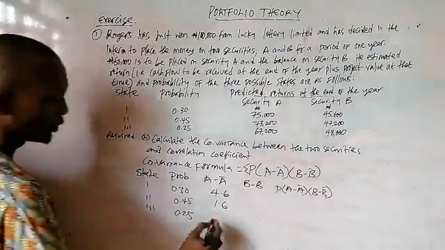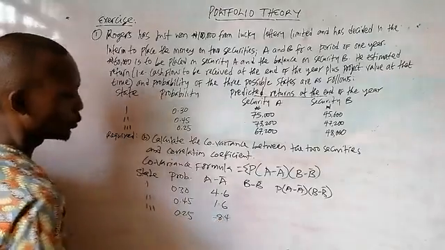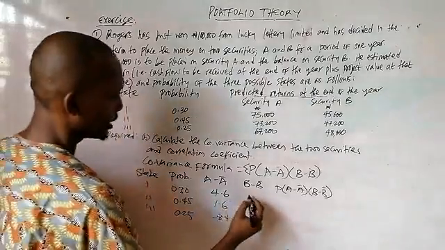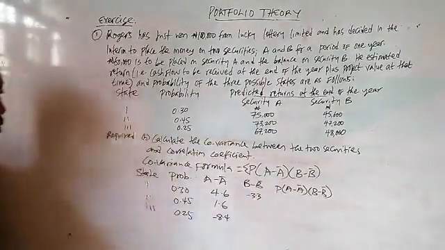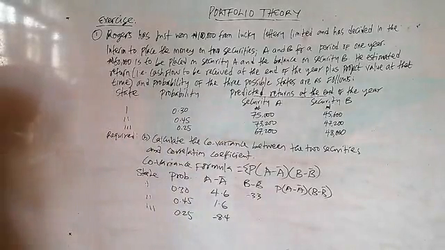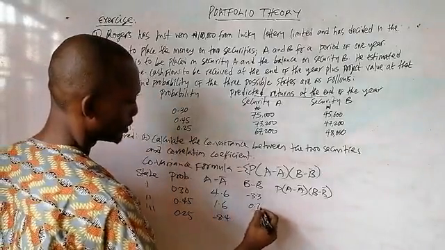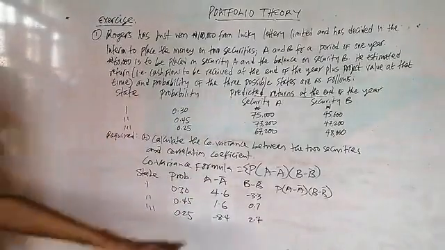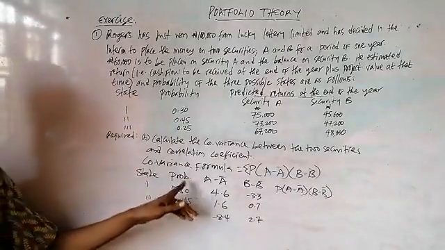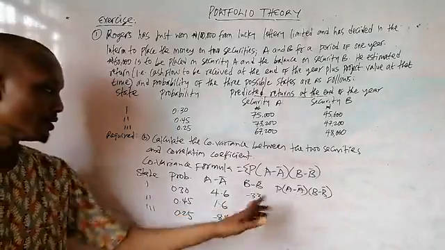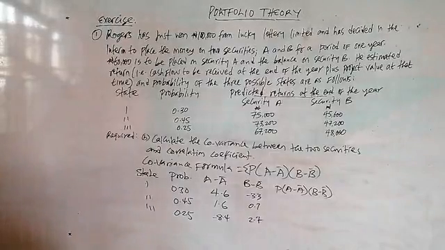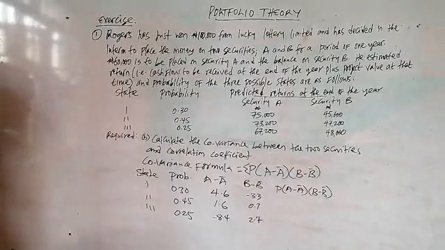For security B, the first one is minus 3.3, then 0.7 and 2.7. So what are we talking about here? P is the probability, multiplied by this and this. Let's quickly solve for that.